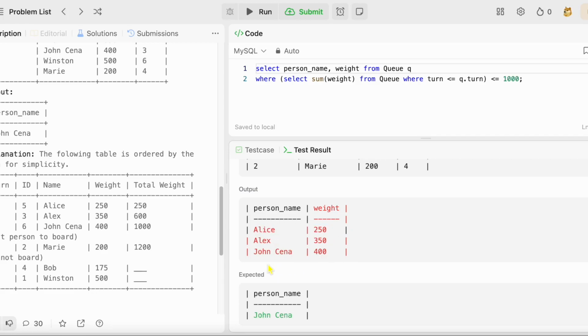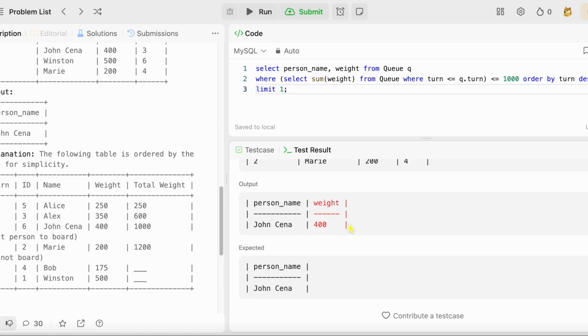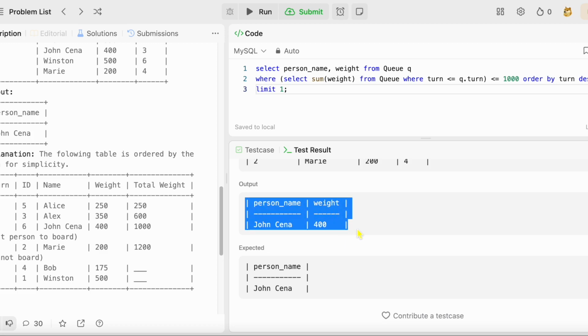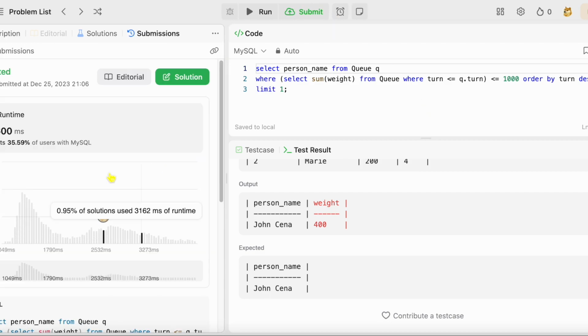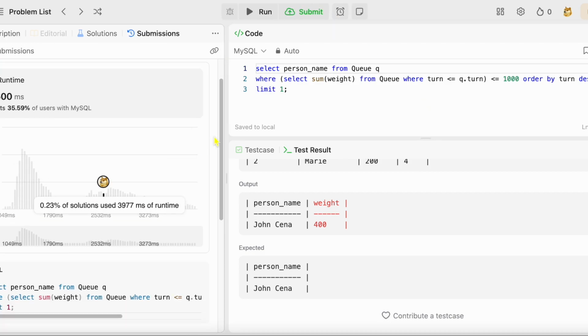So if we just wanted this last person, we have to order and limit it. Order by turn descending. Limit 1. Let's run this again. So now we're limiting it down to 1. And for the final answer, we don't need to include the weight. It's not required. That's the answer.